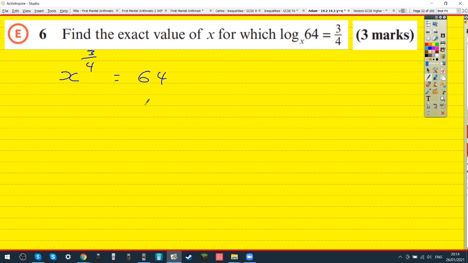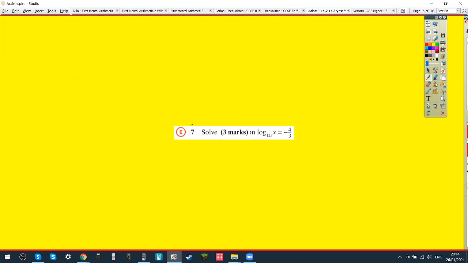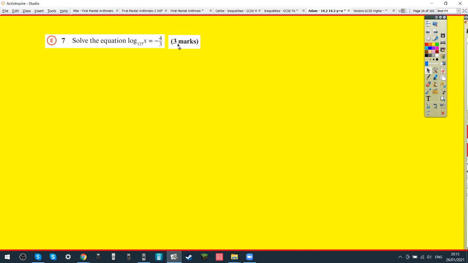Could you do the 4th root of 64 and then cube it? Yes. So it's basically the 4th root of 64 and then cubed. Yep. And that'll work out to 256. Okay. This time x is that number, the answer.